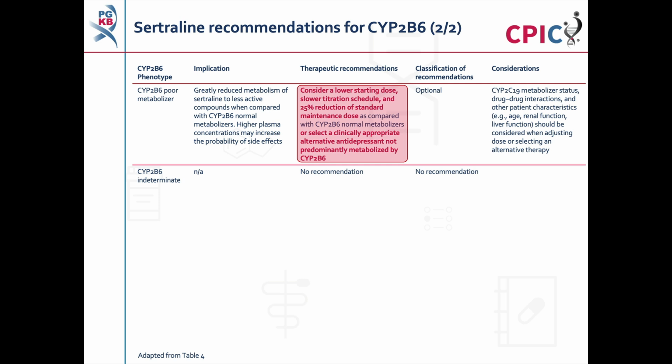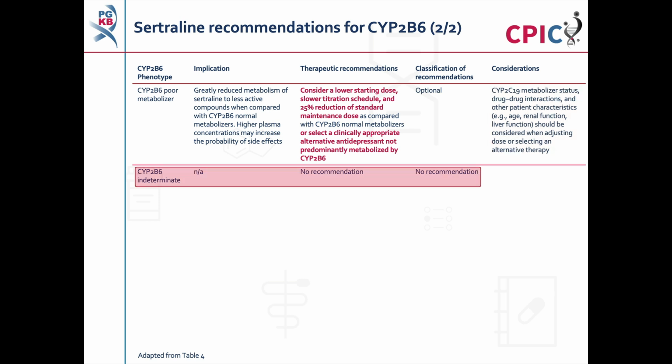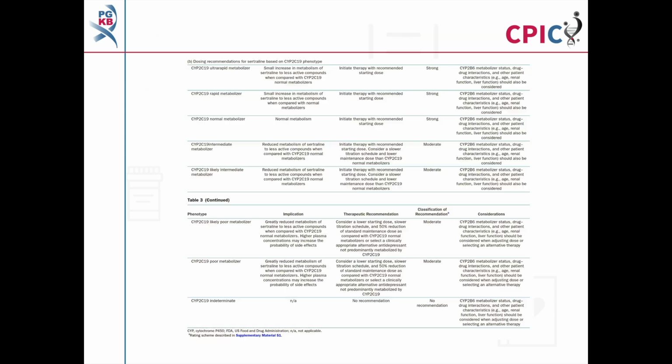Alternatively, a clinically appropriate antidepressant which is not predominantly metabolized by CYP2B6 can be selected. This is an optional recommendation. CYP2C19 metabolizer status, drug-drug interactions, and other patient characteristics should be considered when adjusting dose or selecting an alternative therapy. There is no recommendation for patients with a CYP2B6 indeterminate phenotype.